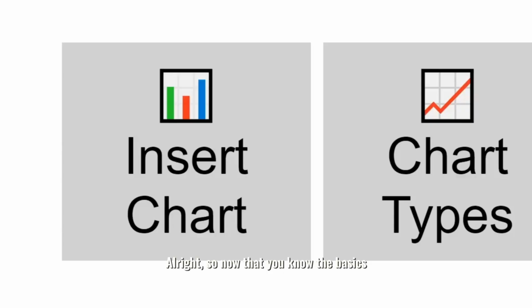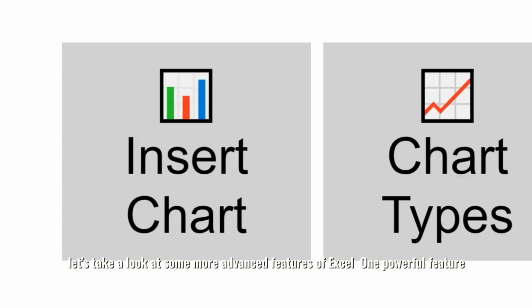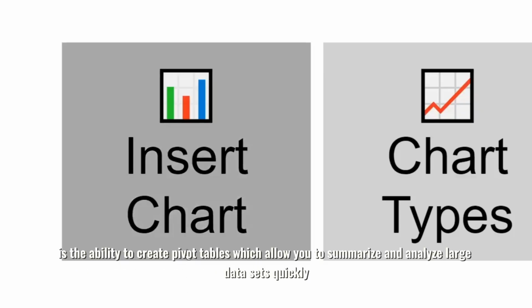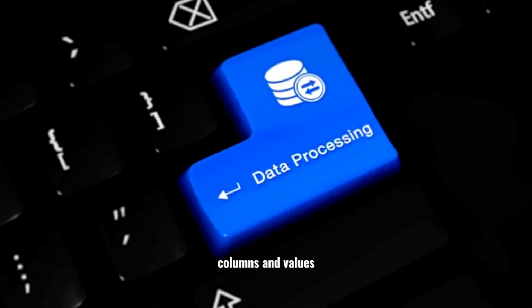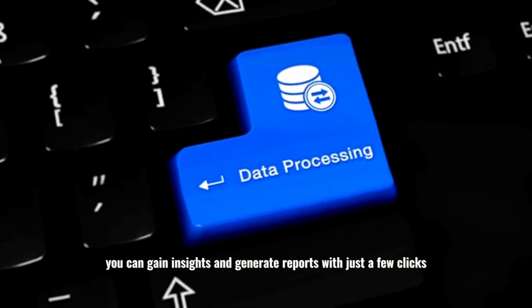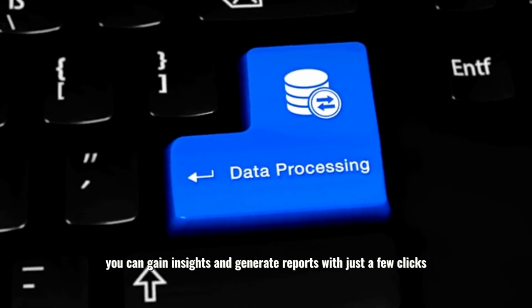Alright, so now that you know the basics, let's take a look at some more advanced features of Excel. One powerful feature is the ability to create pivot tables, which allow you to summarize and analyze large data sets quickly. By organizing your data into rows, columns, and values, you can gain insights and generate reports with just a few clicks.